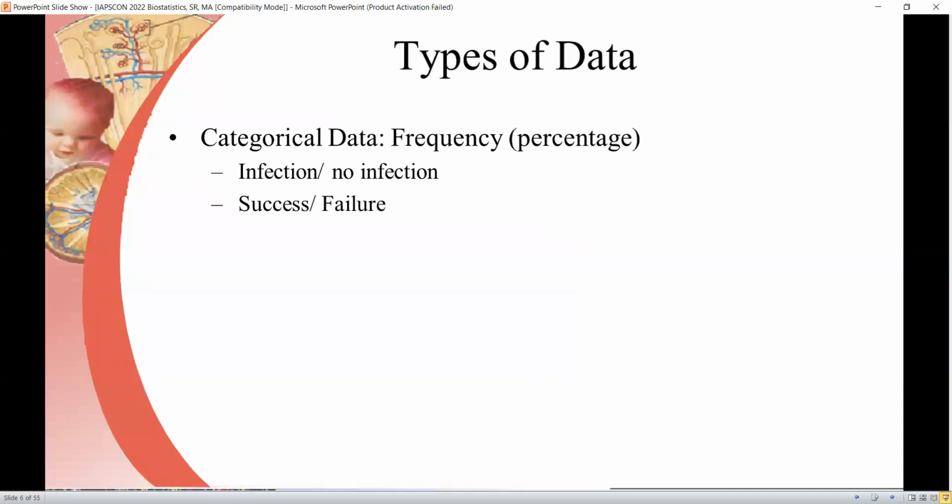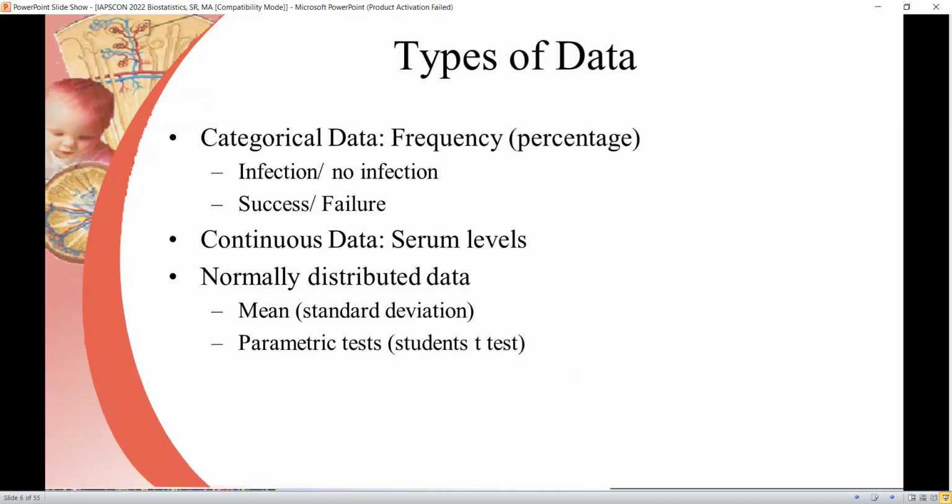Now, categorical data are usually a percentage, for example infection versus no infection, success versus failure. It can be continuous data like serum levels, such as serum creatinine or serum C-reactive protein levels. Then the same thing can be normally distributed or not normally distributed.